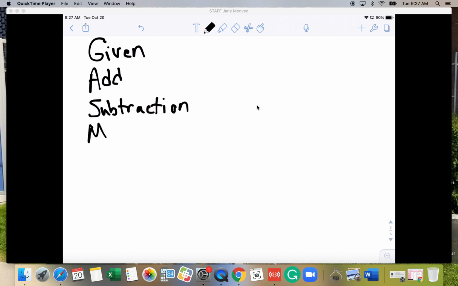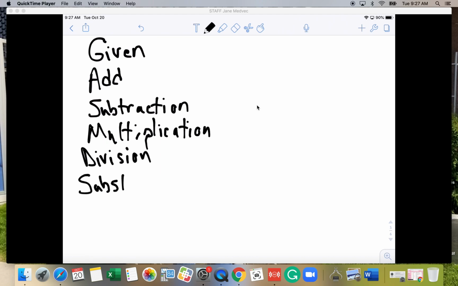We had multiplication. We had division. We had substitution. These were all words that we used yesterday.